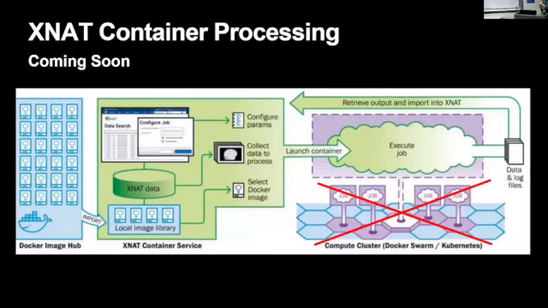Where we're going is, currently everything runs on a Docker swarm that's attached to each XNAT. Where we have issues with pipelines not running, it tends to be keeping these swarms running.